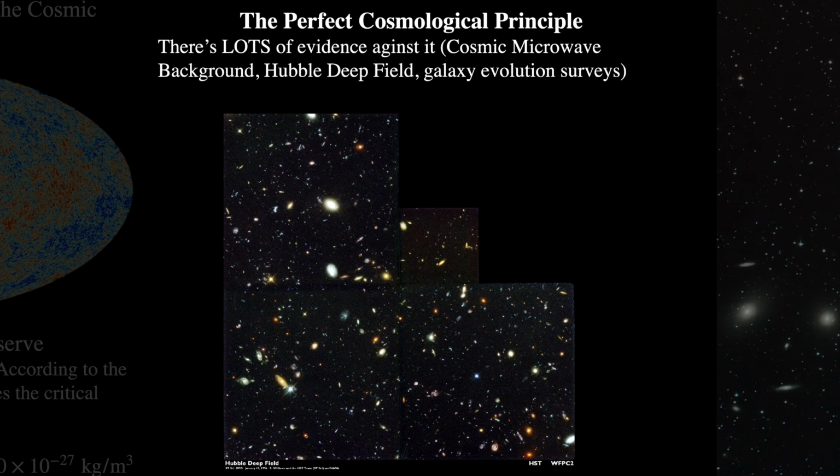So there is a progression of galaxies from then to now. If the steady state was true and there was no special place in time, then if we look in the Hubble Deep Field, we should see things exactly like the Milky Way, no matter how far away we look. And we simply don't see that. So the perfect cosmological principle is false, and along with it, the steady state model.